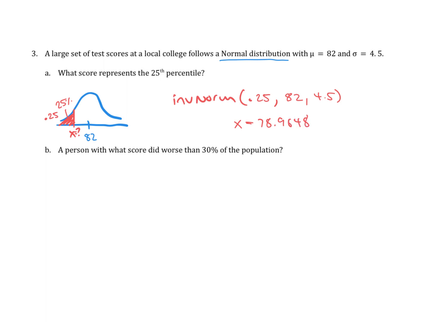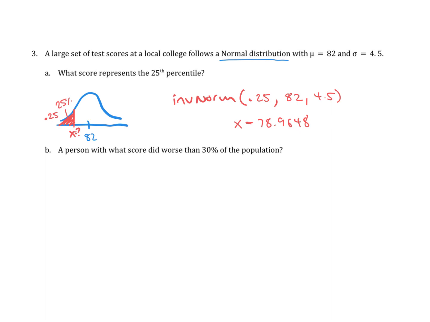So instead of getting a z-score, like we did with the standard normal distribution, we get the actual x-score. So let's say these are test scores at a college, the mean is 82. If you scored a 78.9, you did better than 25% of your classmates. That's what the 25th percentile means.